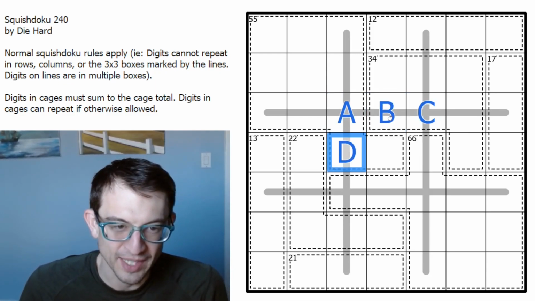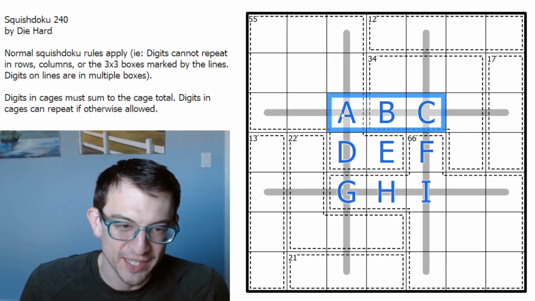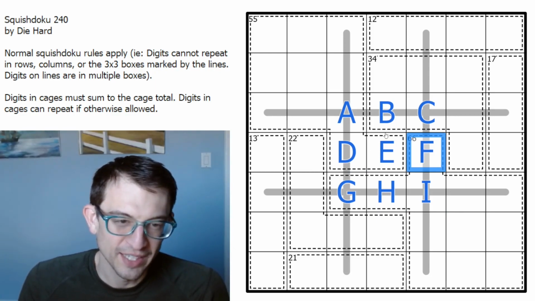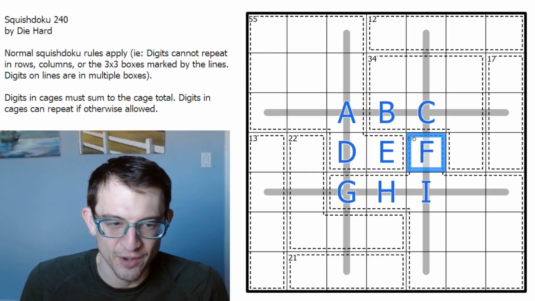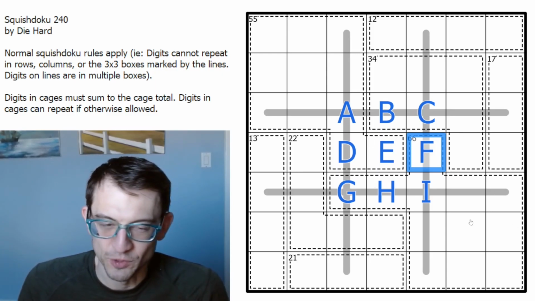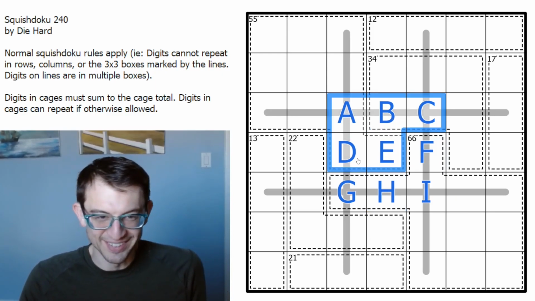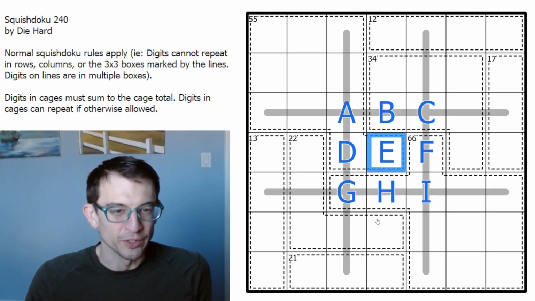So I'm just going to label these A, B, C, D, E, F, G, H, I. I'm going to explain this more deeply than you need to know for this actual puzzle, because I think if you have this framework in mind, every squishdoku puzzle that you ever want to try from here on out is going to be much easier if you understand this basic layout, way of thinking about the squishdoku. So again, I know that these letters represent the digits 1 to 9. I don't know which is which, and it doesn't matter. I'm not ever going to place a digit in this explanation of what I'm about to show you.